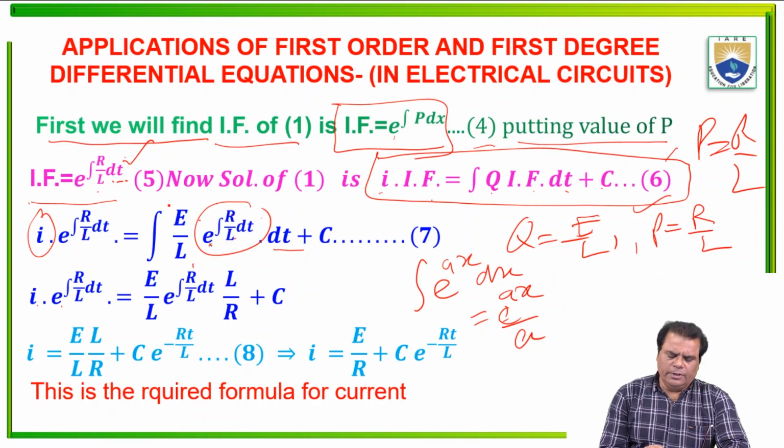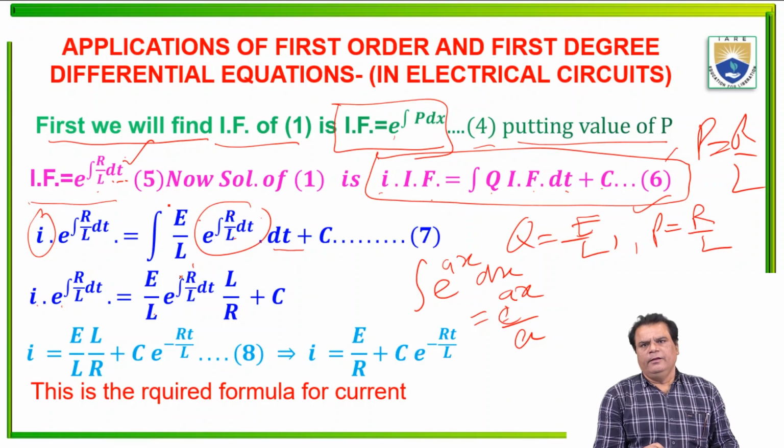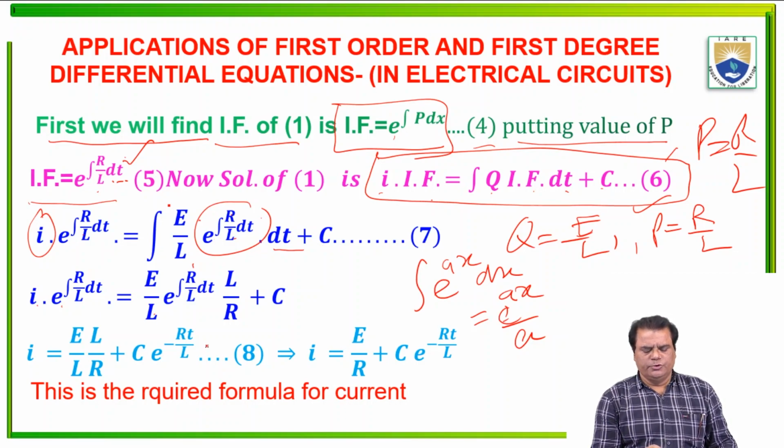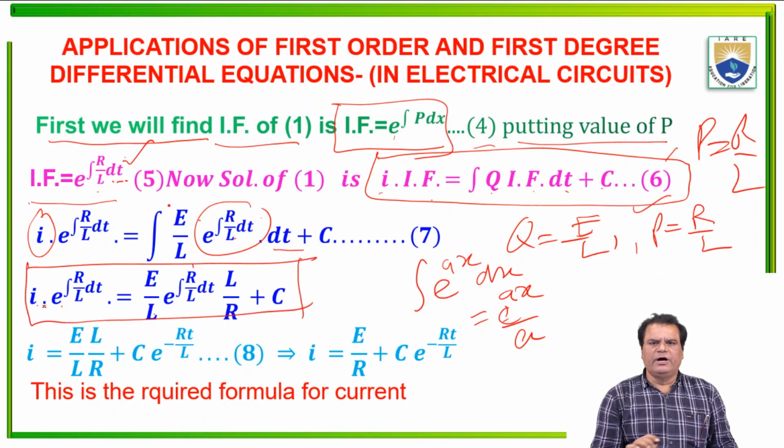So the integration of this is the same as this, no change, e to the power integration R by L dt, plus C. So this is the answer. This is the value of I.